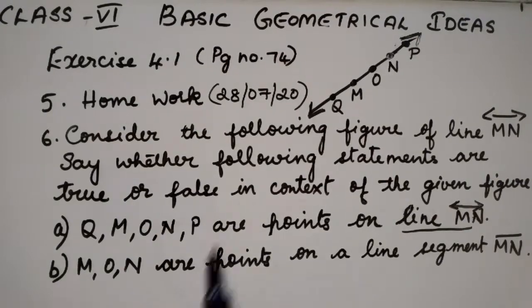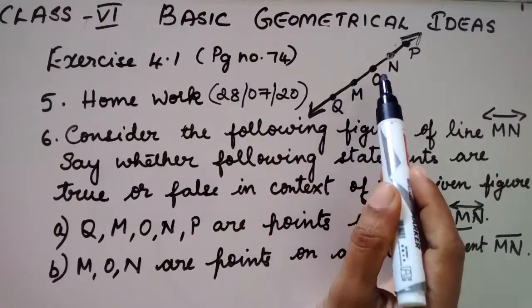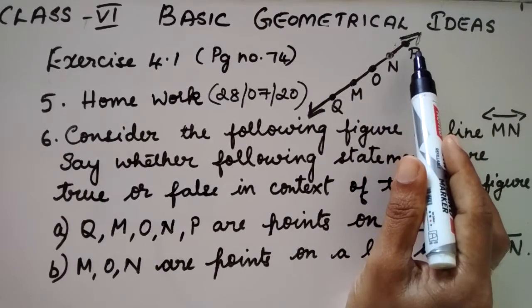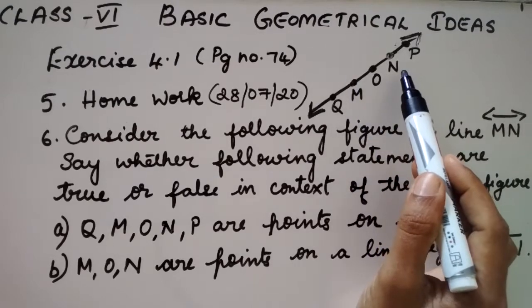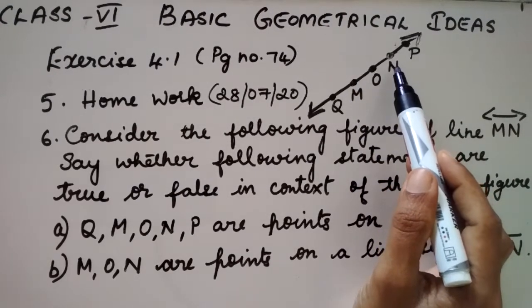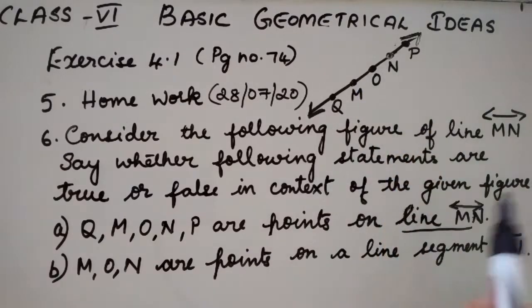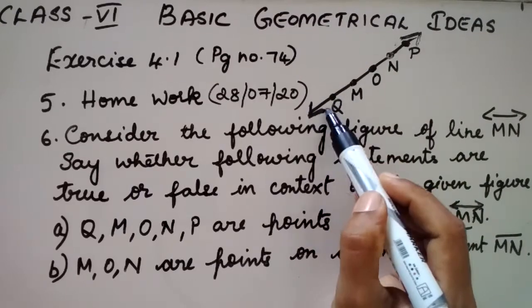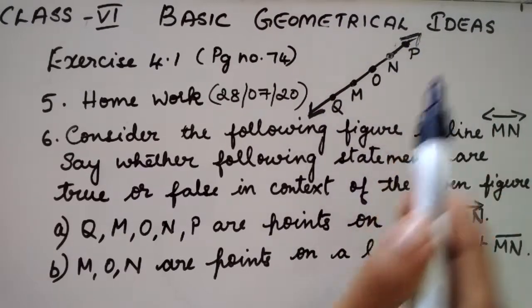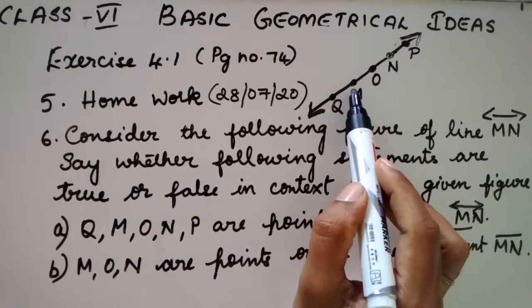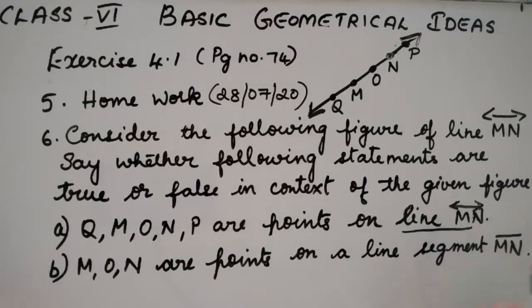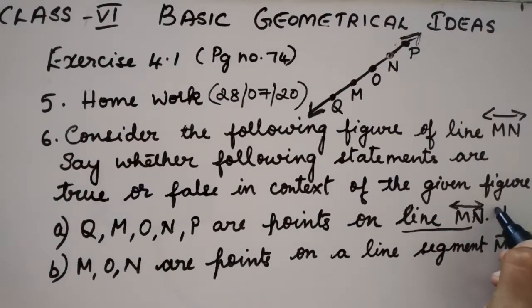So the points Q, M, O, N, P do not lie on the line segment MN, but these points lie on line MN, which is extended in both the directions. So these points are on line MN. So this statement is true.